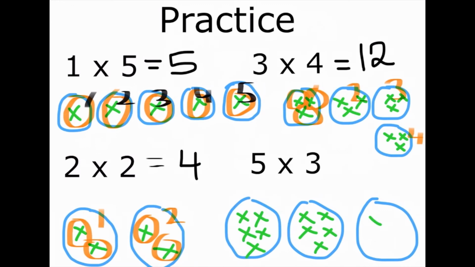This model represents 5 being repeated 3 times. We know that we have 3 groups and 5 objects in each of the 3 groups. So we can conclude our answer to be the same as 5 plus 5 plus 5, which is 15.